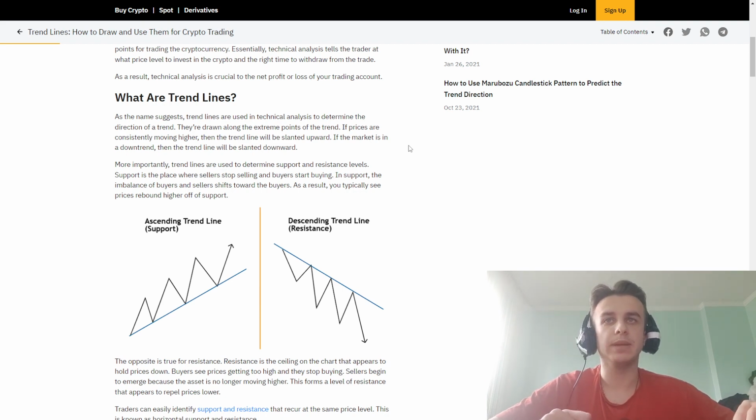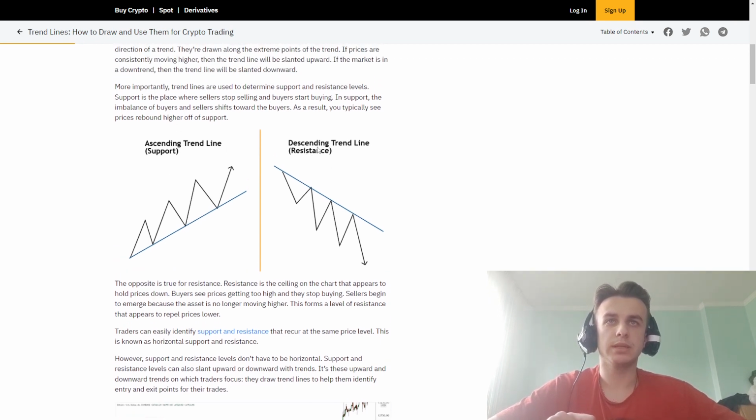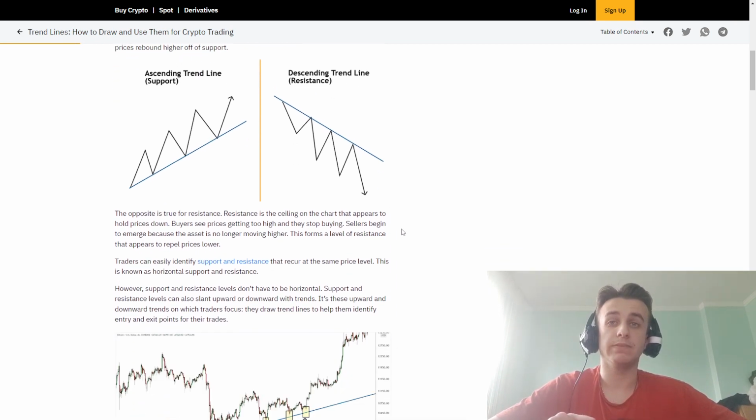Support is the place where sellers stop selling and buyers start buying. In support, the selling shifts towards buying. As a result, prices typically rebound higher off support. This is why ascending trend lines are support and descending trend lines are resistance.